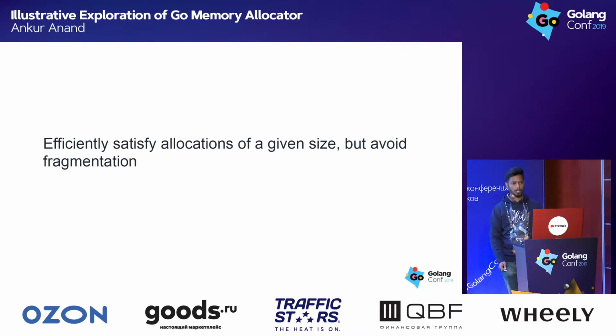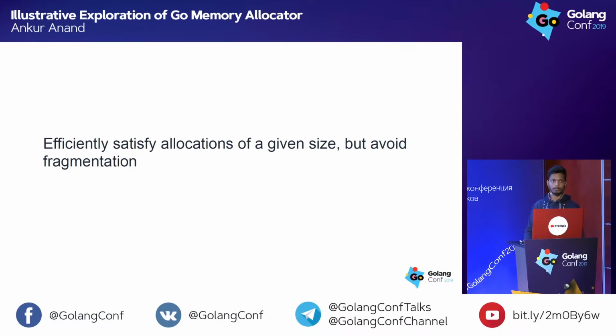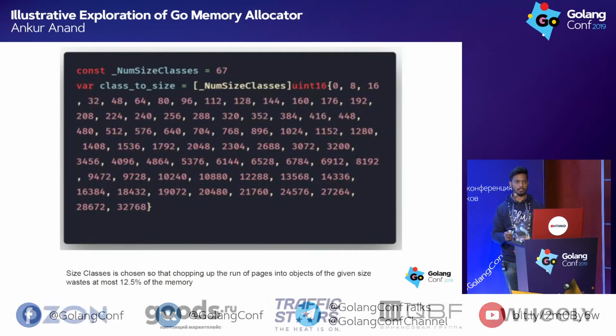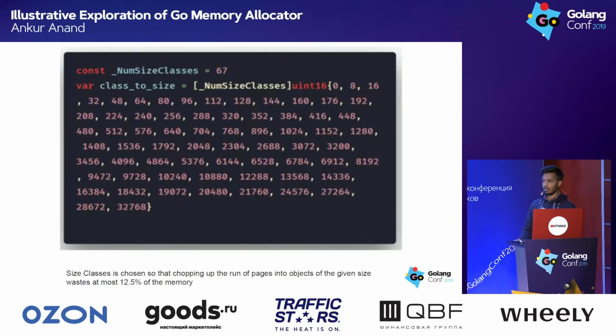So first thing, how do we efficiently satisfy the allocation of a given size but avoid fragmentation? As we have seen, we have a page. What we do is divide the page into given size classes. Let's suppose we have an 8 kilobyte page.